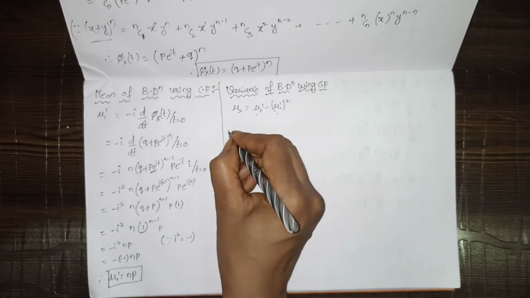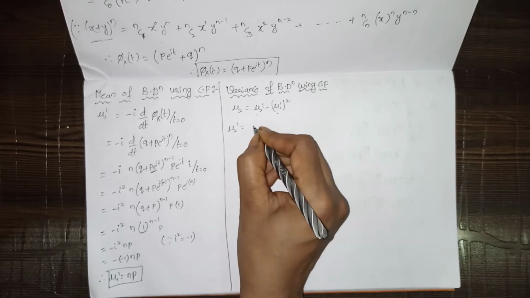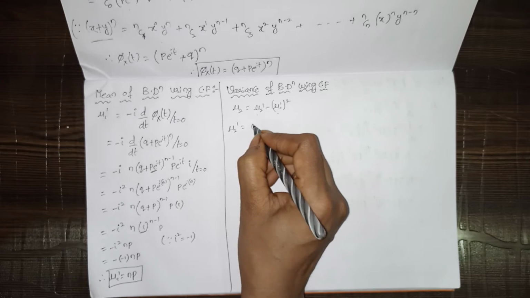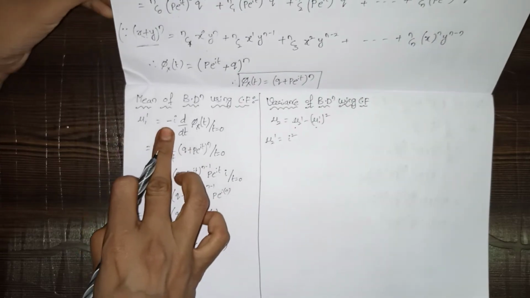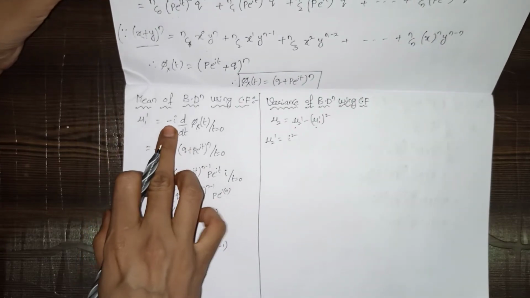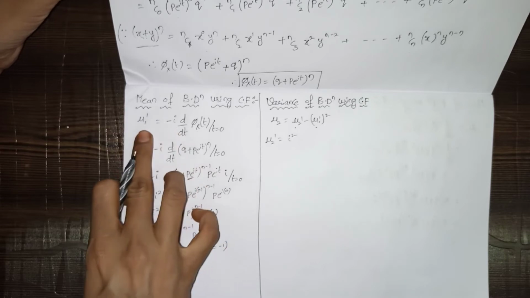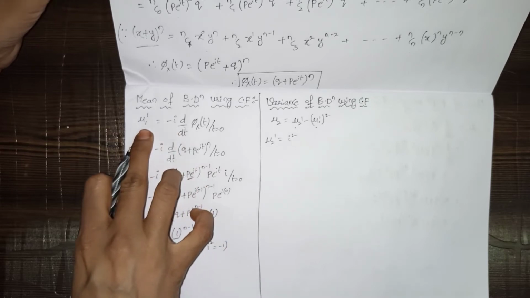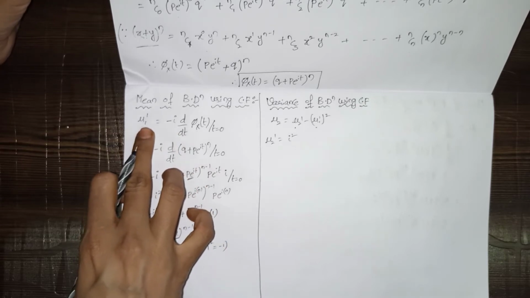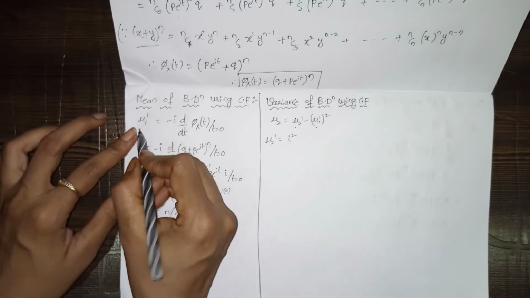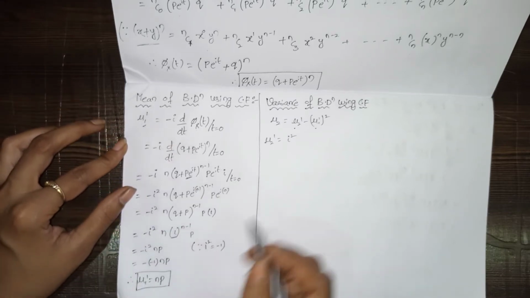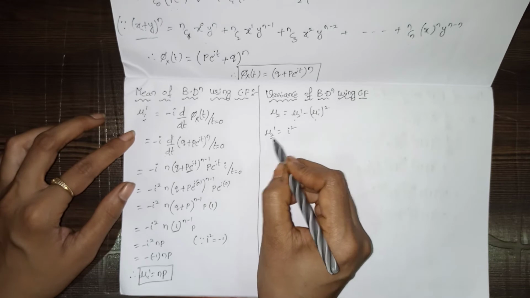So mu2 dash equals, now we have to keep here i square. If you observe, for mu1 dash we kept minus 1. Why? Because that is an odd non-central moment; 1 is an odd number, and here 2 is an even number.